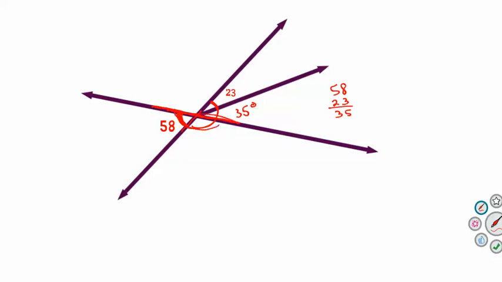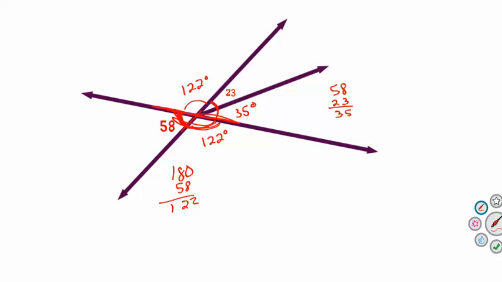So 58 plus what is going to give me the 180? I take 180 minus the 58. So that has to be 122. Now, because this is 122, here's its vertical angle right across. So that has to be 122, okay?